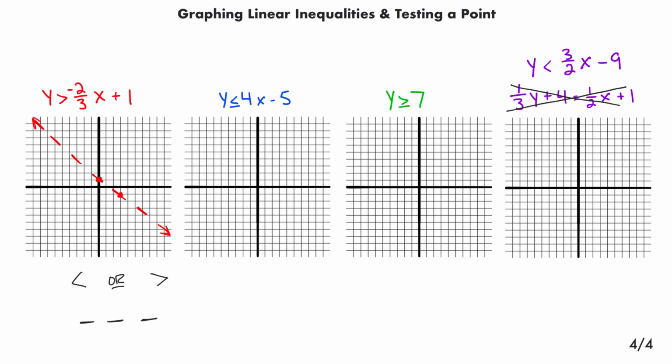So I asked myself, where is y going to be bigger than the line? Above it or below it? You tell me. Where is y bigger, above or below? Above. So when I shade, I'm going to shade above the line. And this is the answer to this problem.